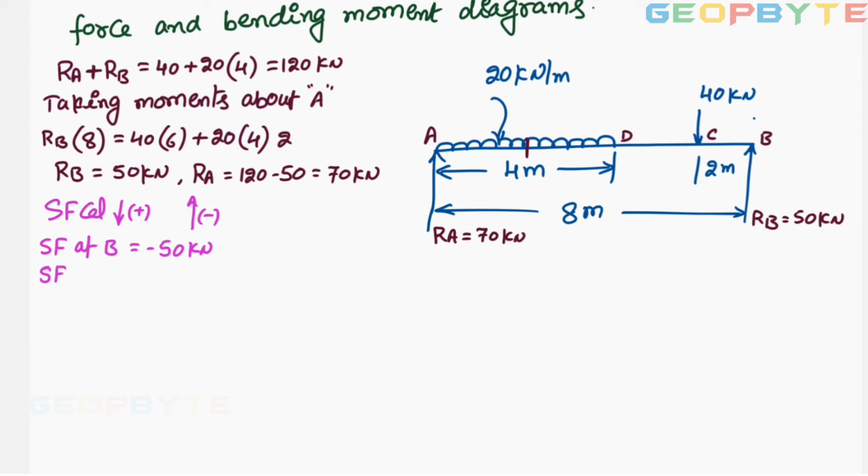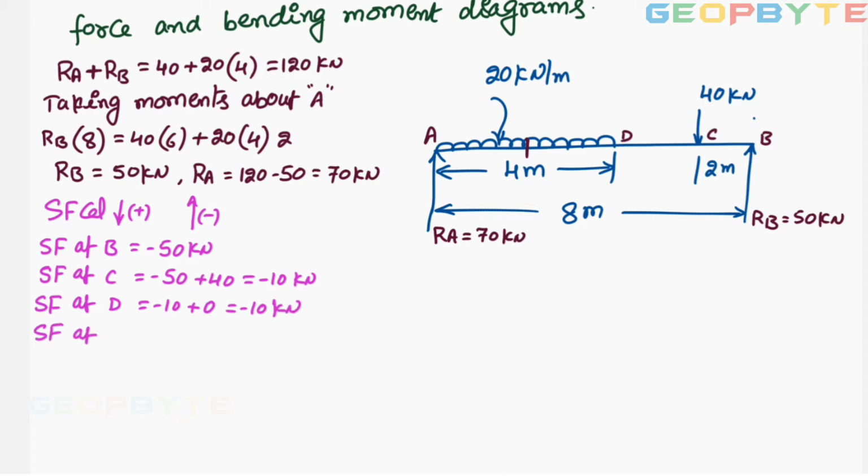Shear force at C: already minus 50 is there, plus at C it is 40. It is minus 10 kilonewtons. Shear force at D: already minus 10 is there, at D the load is 0, so it equals minus 10 kilonewtons.